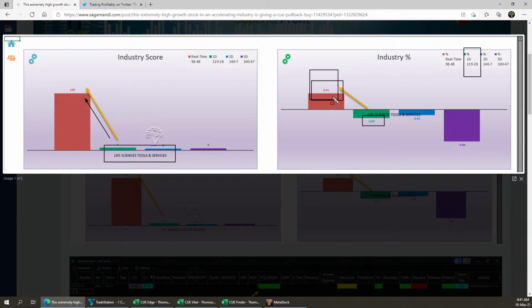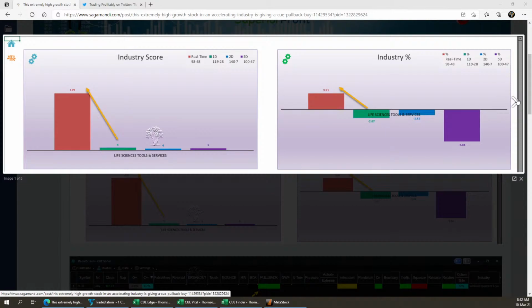In real time it jumped up to positive almost 4%. So that was a reversal of 7%, about 3% down to 4% up in one day, about 7% jump, and the relative score jumped up from 4 to 139, one of the strongest.